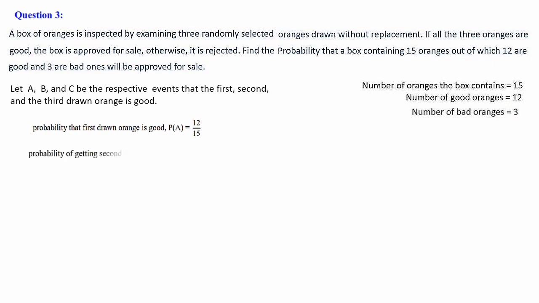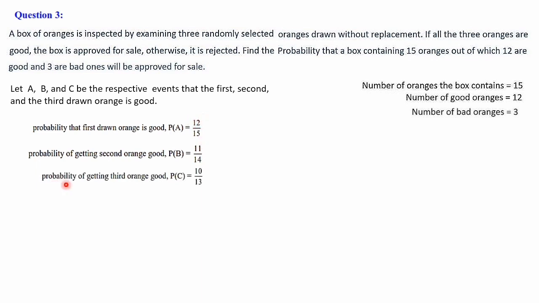Then the probability of getting the second orange good is P of B. Out of 12 good oranges, 1 you have already taken, so you will have 11 good oranges balance, out of 14, because the total number of oranges is 15 and you have taken 1 good one. So total is reduced by 1, good ones also reduced by 1, so P of B is 11 divided by 14.